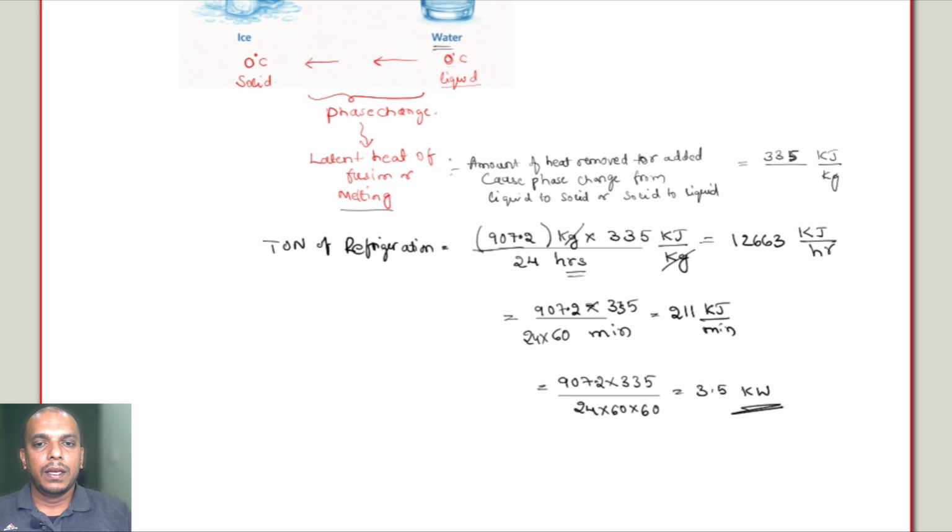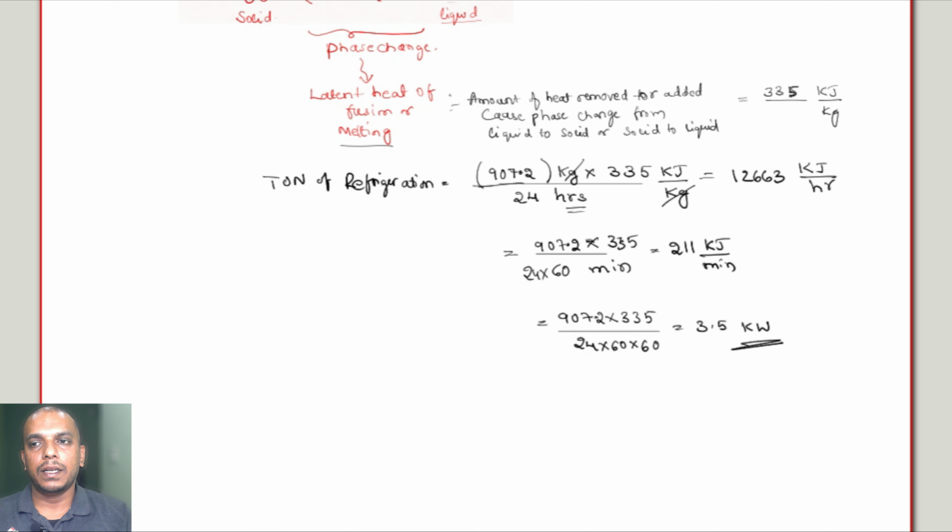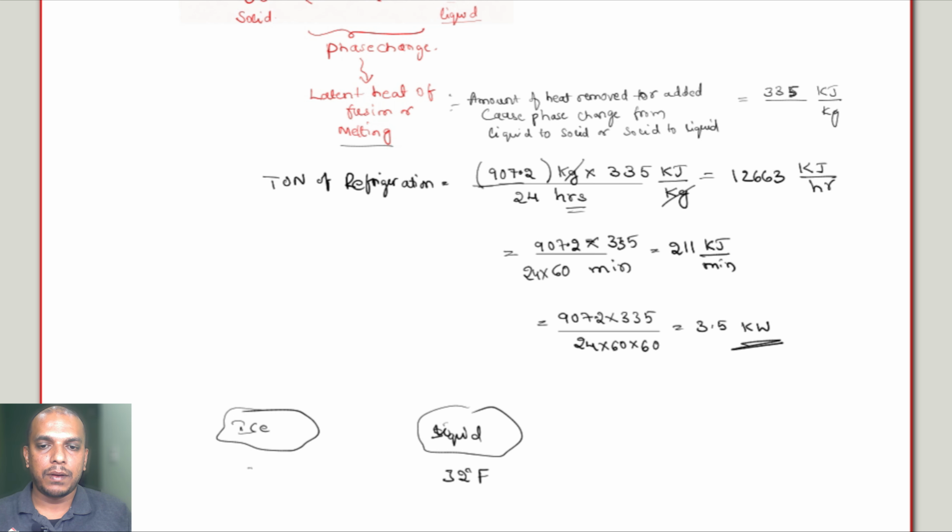If you want to get the idea in BTU per hour, the same thing happens at 32 degree Fahrenheit. Liquid at 32 degree Fahrenheit becomes ice at the same 32 degree Fahrenheit.